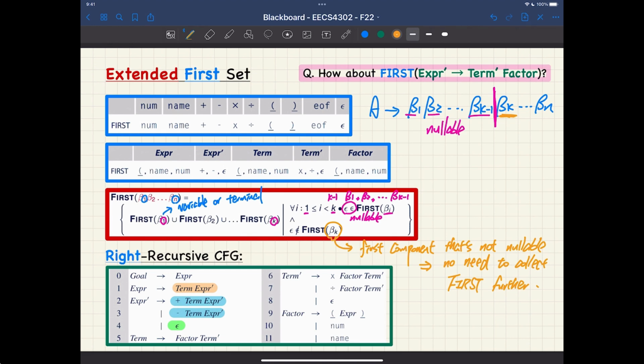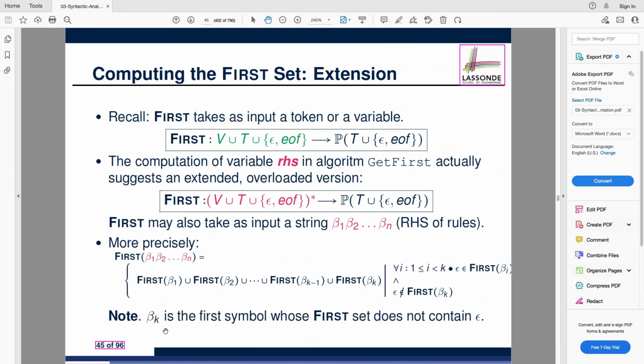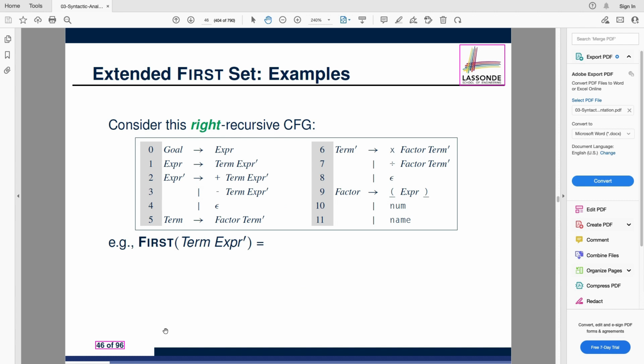You will see on the slides over here, the first one we want to calculate is this. What will be the first of this? Number one, you want to observe that we are trying to calculate the first of not just a single variable. We actually got two components here, term followed by expression prime. So what should we do here?